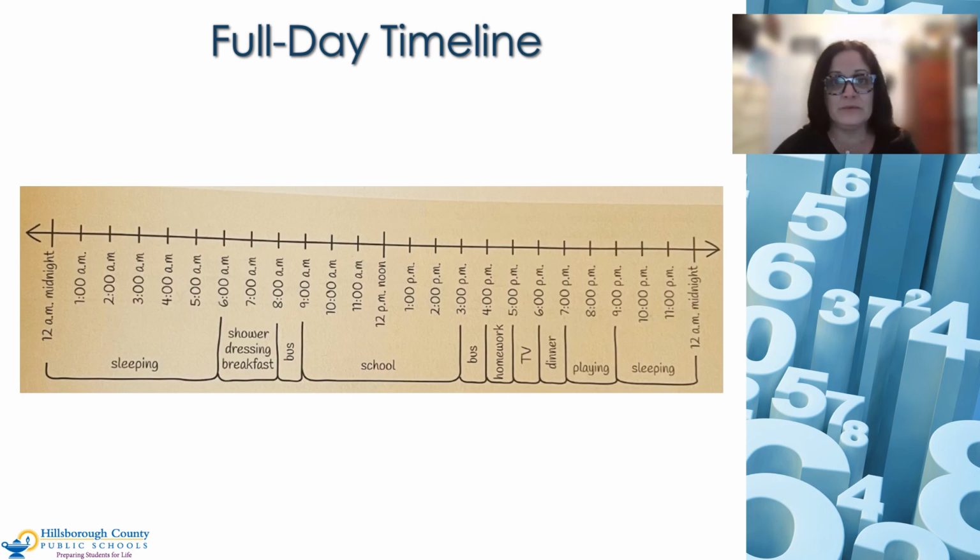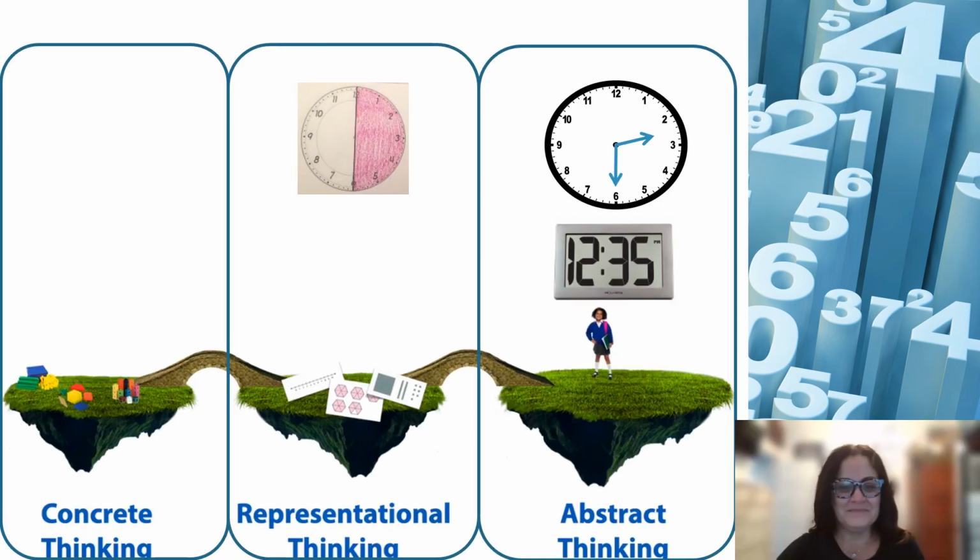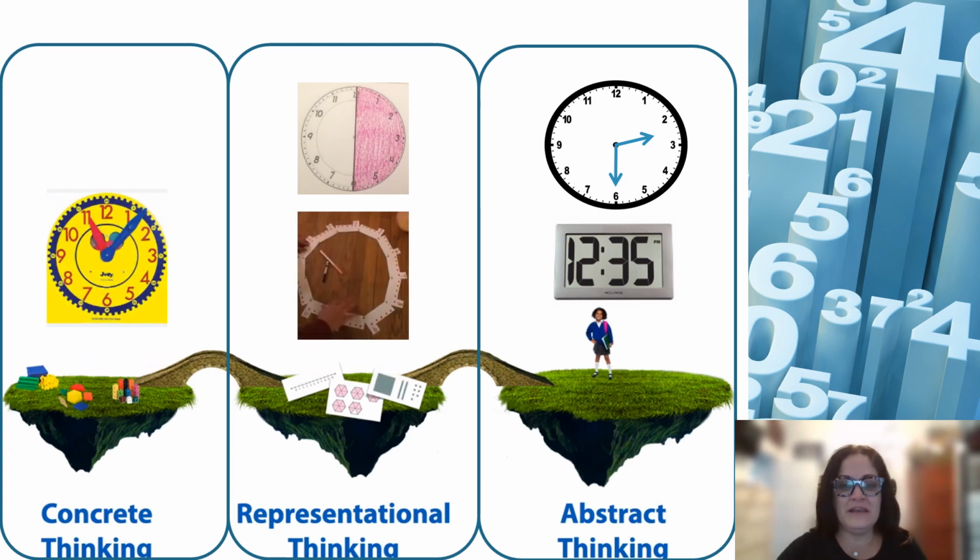And just to highlight what we see here, again, the different islands of thinking. We have our concrete, our representational, and abstract. Again, it's important to reference that this is fluid and we may need to go in between each island, but we want to start with the hands-on, using those Judy clocks, allowing students to manipulate the hour and minute hand, perhaps focusing initially just on the minute hand or just on the hour hand to support students' understanding of telling time.